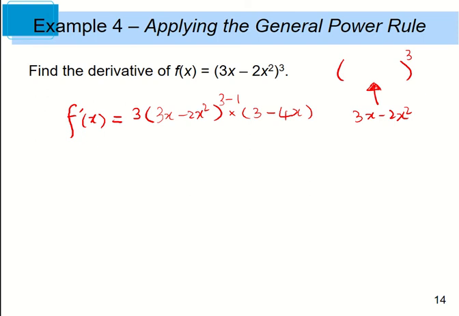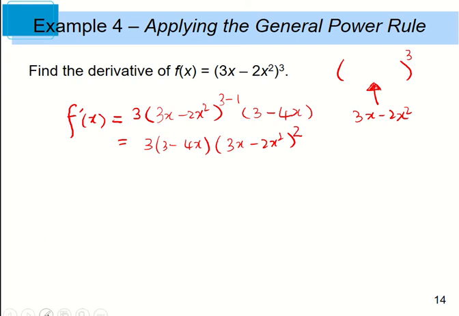Usually for multiplication we do not have to write the multiplication sign because the bracket itself is understood as multiplication. So we have 3 minus 4x and 3x minus 2x squared to the power of 2. So this is the final answer.